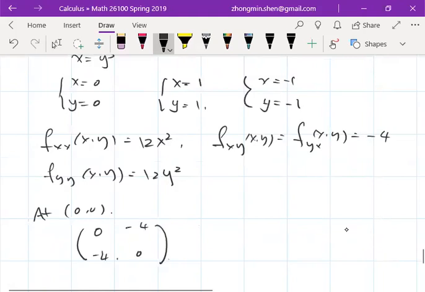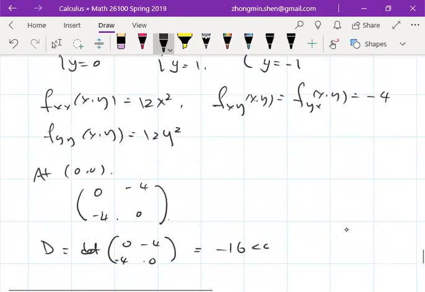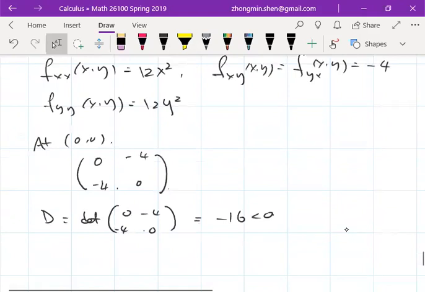Clearly, the determinant of this matrix is going to be negative. So D, the determinant, is going to be -16, which is negative. This means it has opposite eigenvalues, which means it changes signs.